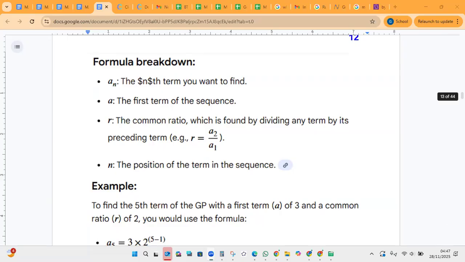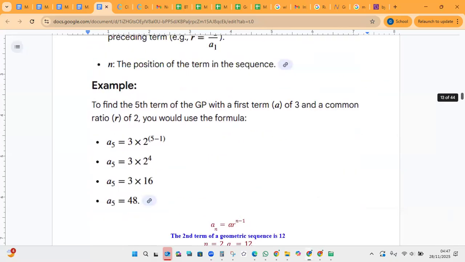So here we have an example. It says to find the fifth term of a geometric progression with a first term A of 3 and a common ratio R of 2, you would use the formula A sub 5, because you want to find which value occupies the position of 5.